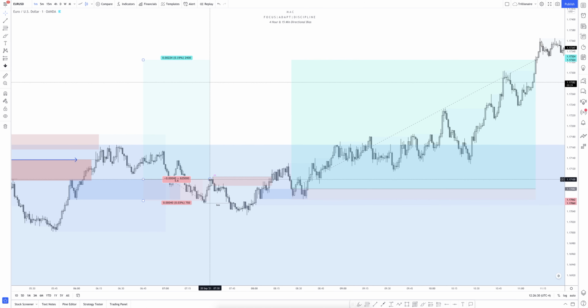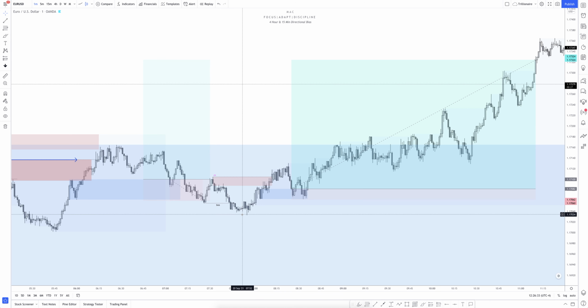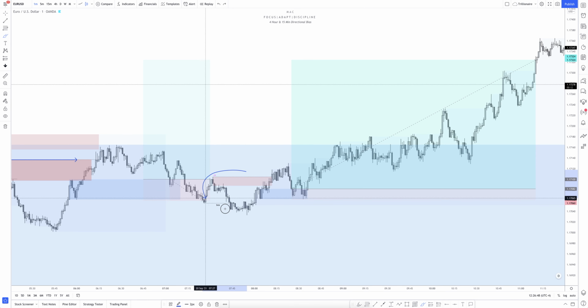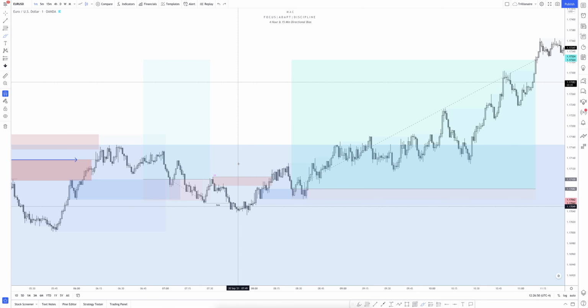So here we can see we have a clear break of structure to the downside. Once again, we have a change of momentum on the 1 minute time frame going from substructure to minor structure, and our job is to take advantage of that entire transition from sub to minor structure, which is here. So we have a break of structure to the downside here.